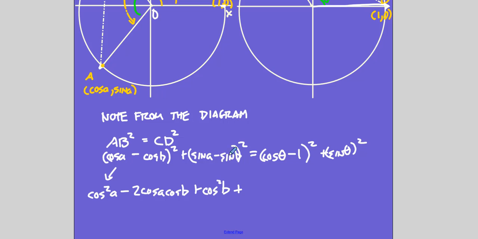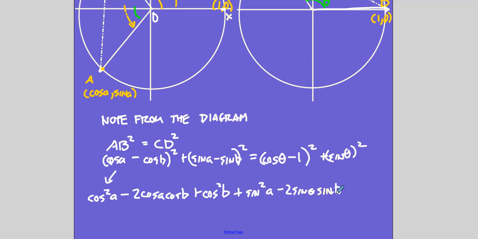Plus, I have to do that for this also. This is going to be sine squared A, minus double the product, that's minus 2 sine A sine B, plus, then I have to square this, so that's plus sine squared B. Okay, and that's all this multiplied out.